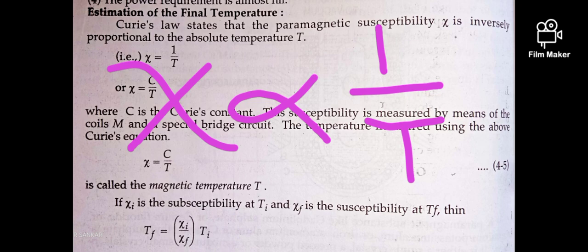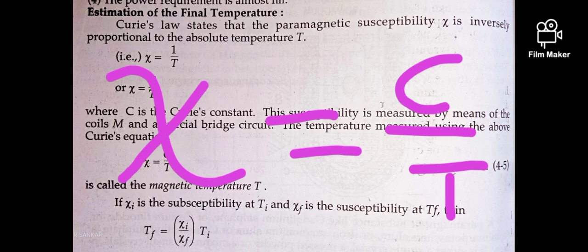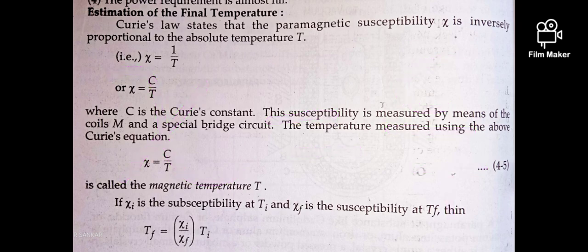So χ is proportional to 1 by T, as χ equal to C by T, where C is the Curie constant. This susceptibility is measured by means of the coils M and a special bridge circuit.